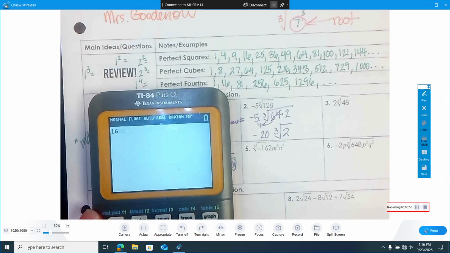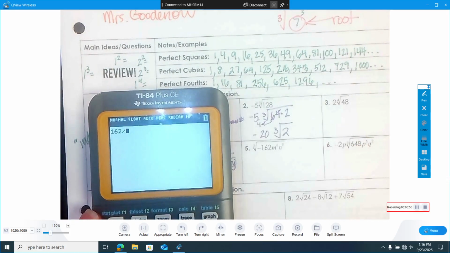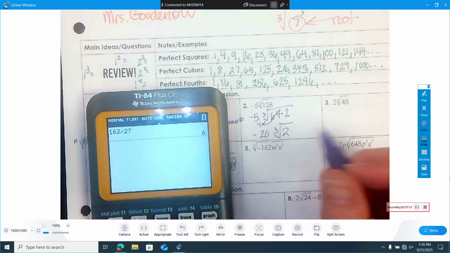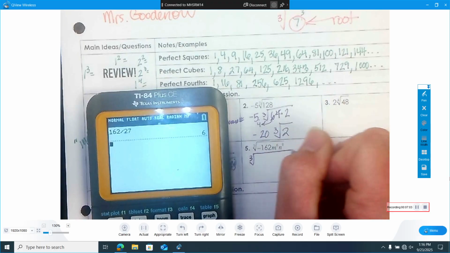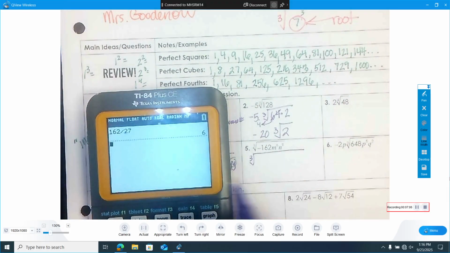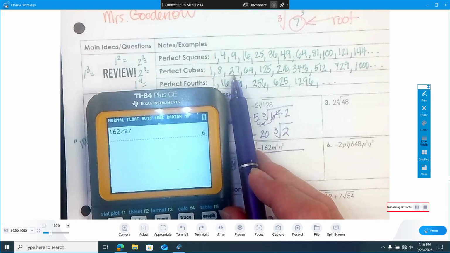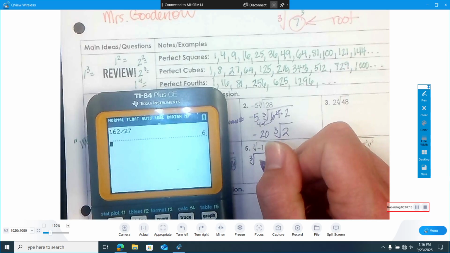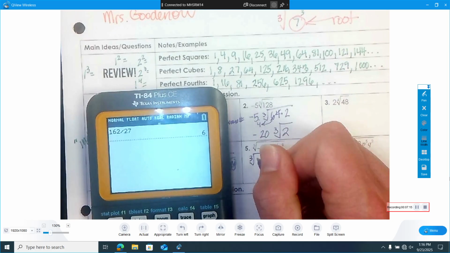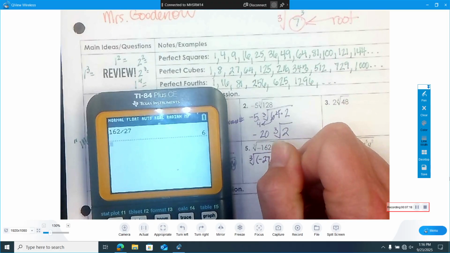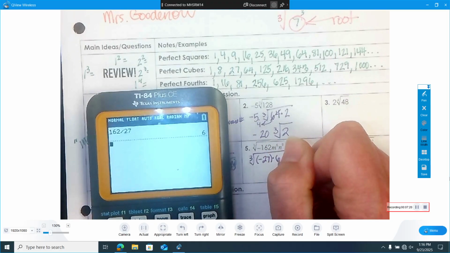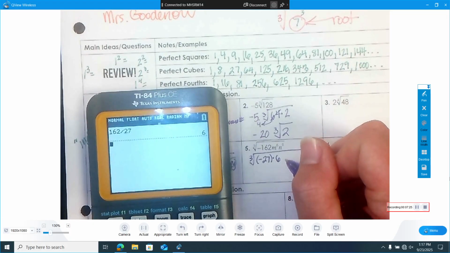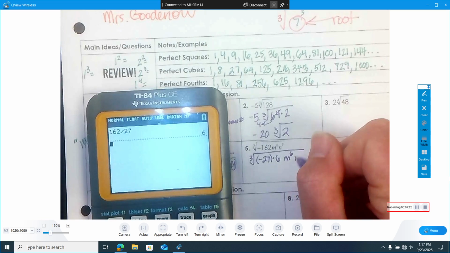I have no idea. 162 divided by 27. Hey, there we go. So 162 divides nicely by 27, which could be -27 times 6. That gives you -162, does it not? Okay. And then I have m to the 6th and n to the 9th.